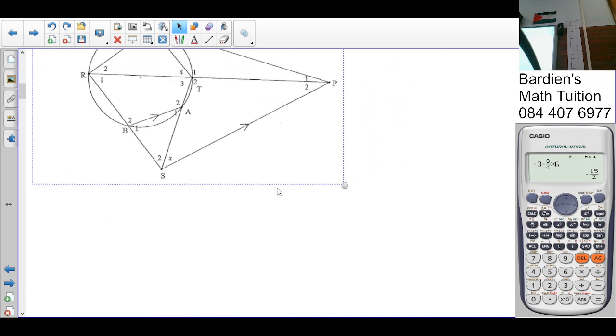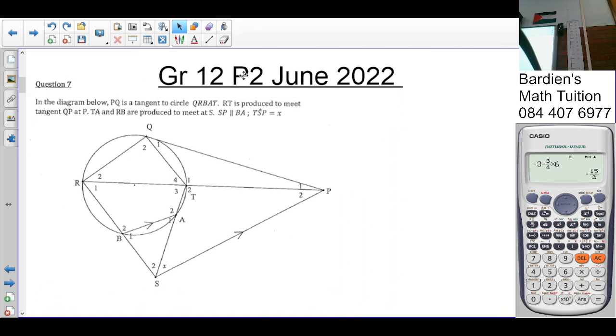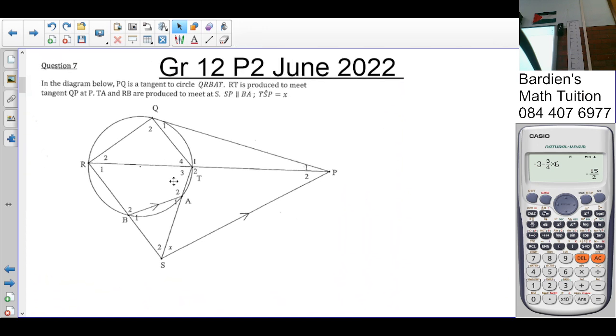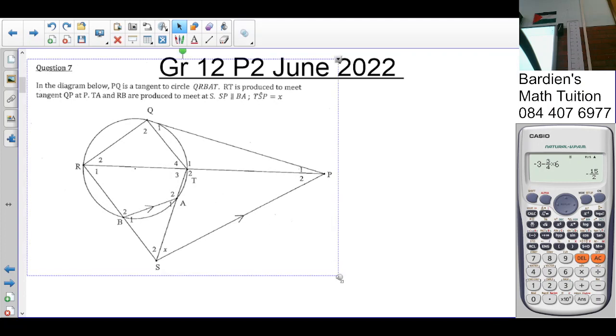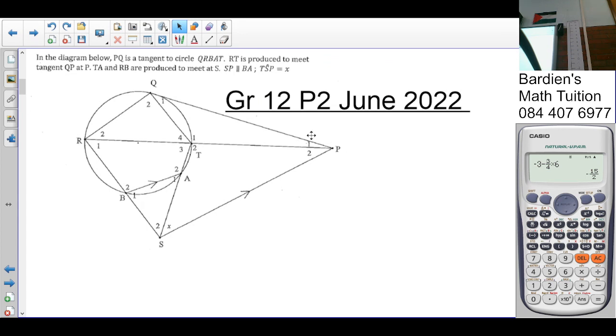Alright, let's look at the next one. So here we are told in question 7, in the diagram below, we'll pull this up a bit, PQ is a tangent. So if PQ is a tangent, we know that Q1 is equal to R2, to the circle XRBAT.